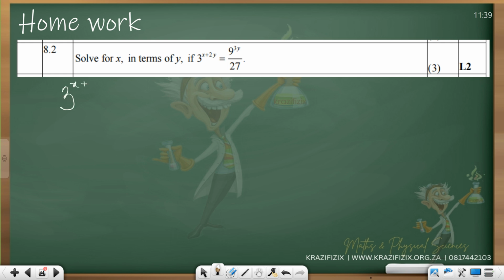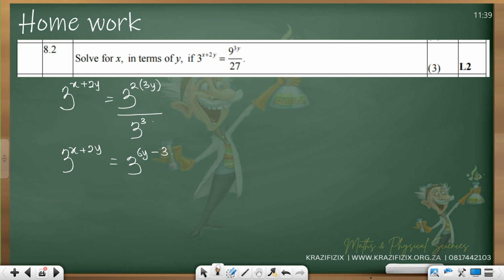3 to the power x plus 2y, this is 3 to the power 2, 3y, over 3 to the power 3. And what would this be? 3 to the power x plus 2y equals 3 to the power 6y minus 3.